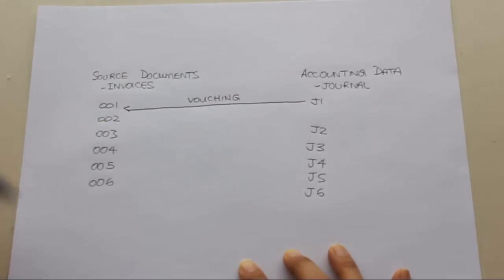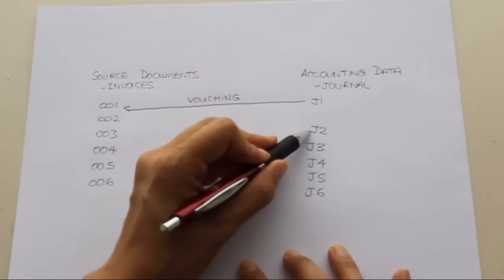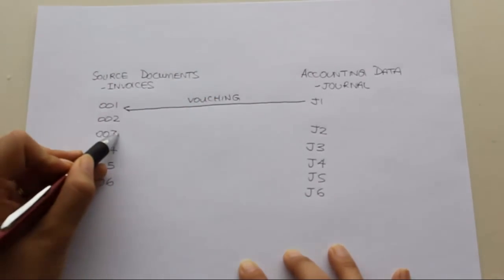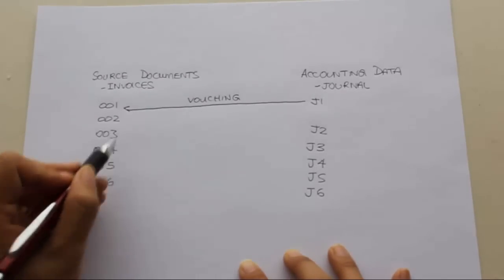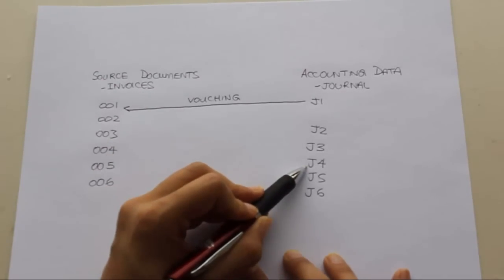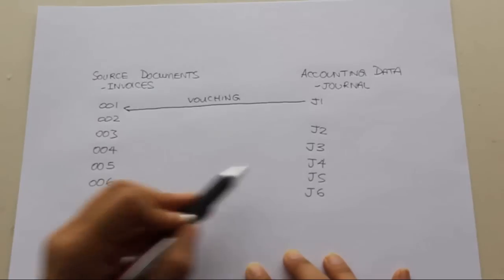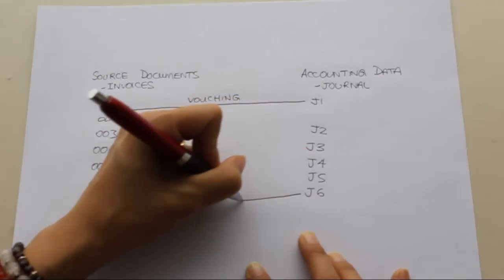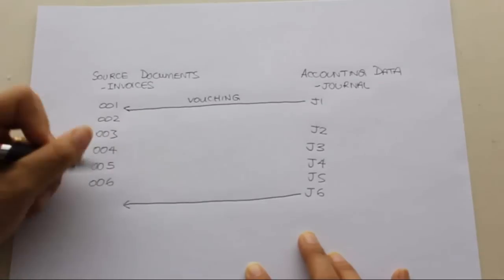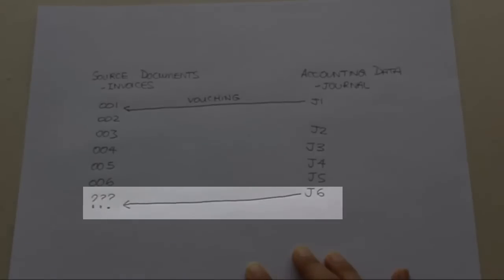And if I vouch, I'll discover here when I test each of these, J2 matches up with invoice 3, journal 3 matches up with invoice 4, journal 4 matches up with invoice 5, journal 5 matches up with invoice 6, but we'll notice that journal 6 doesn't match up to any particular invoice.